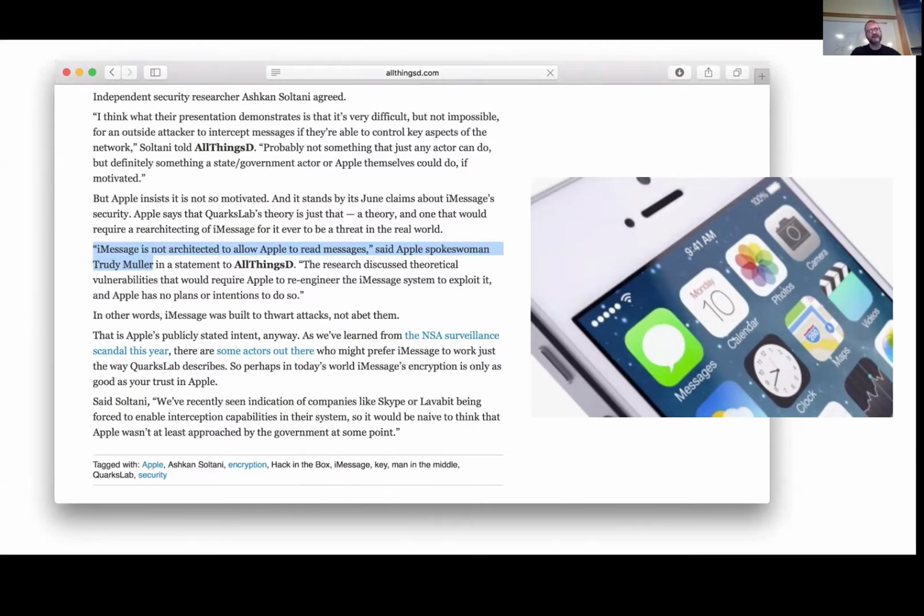In tech, I like how sometimes we use architecture. There was a kerfuffle about security with messaging platforms, and this quote from someone from Apple: iMessage is not architected to allow Apple to read messages, said Apple spokeswoman Trudy Miller.